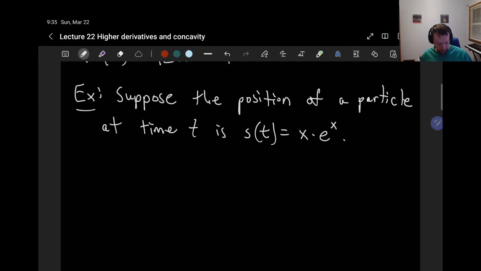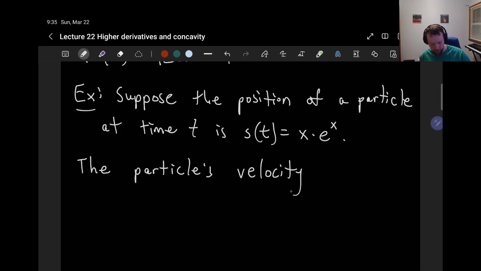Okay, so if the position is given by that s of t, then the particle's velocity, which is essentially speed, it's the rate of change of position. The only difference is that velocity can be a negative value, which means you're going backwards.